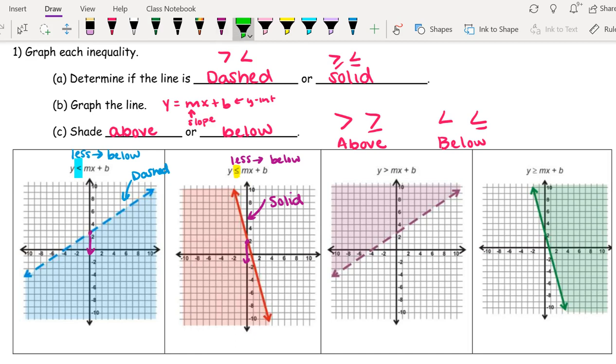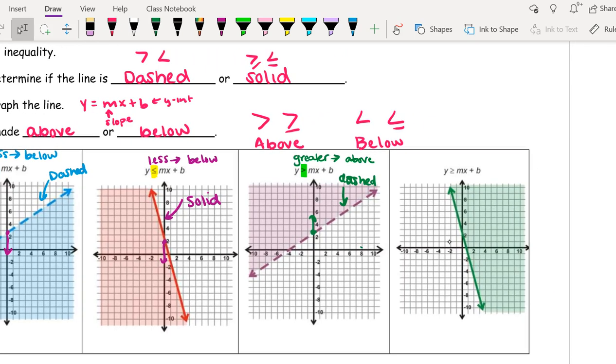For the next one, we have a greater than, greater is above. So if we go to the y-intercept, we're going to shade up from the y-intercept, and our greater than doesn't have an equal to, so it's a dashed line.